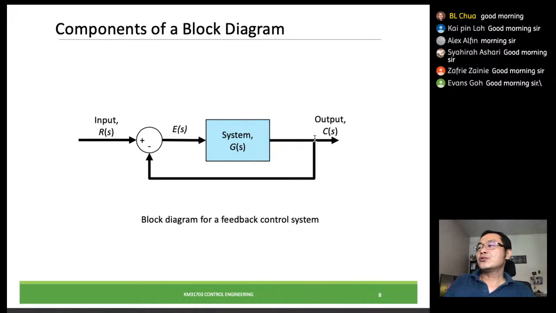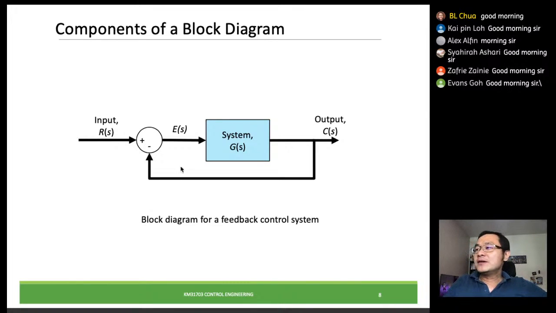So this output we will now branch off, and tap it back to this summing junction, to do a comparison between them, so we can compare between this input and output. So this is a form of a feedback control system that we should be able to spot. Meaning to say, when you see it, immediately you know this is a feedback control system.